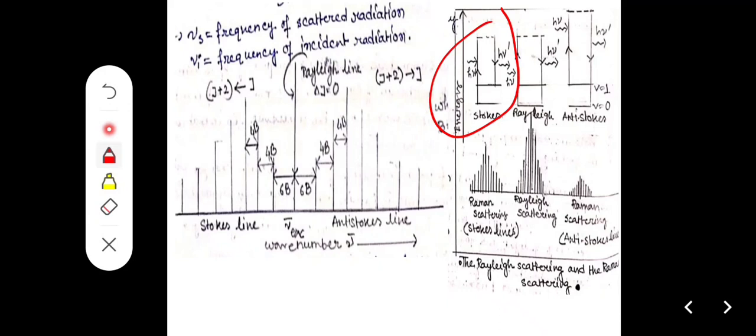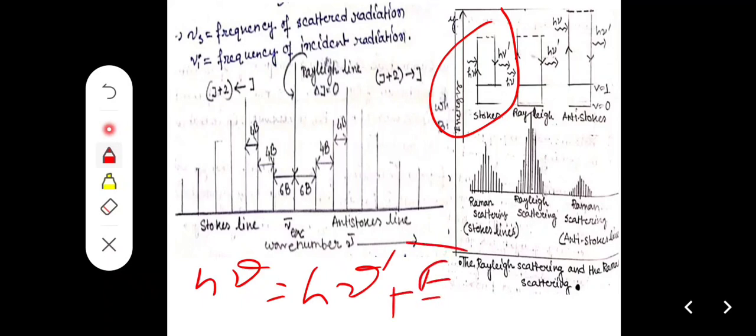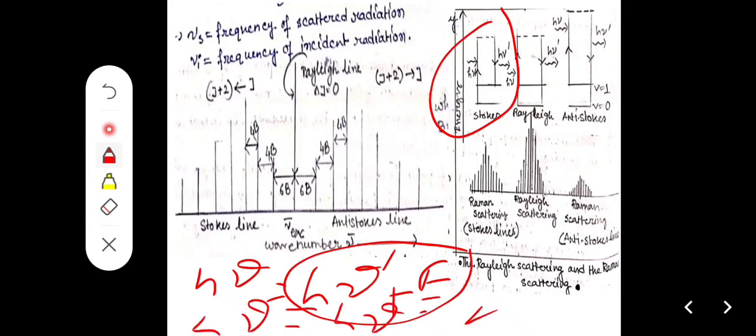So in one case, h nu equal to h nu dash plus E, I think that should be anti-Stokes. And h nu equal to h nu dash minus E should be the Stokes line. But I am not sure now, we have to check.